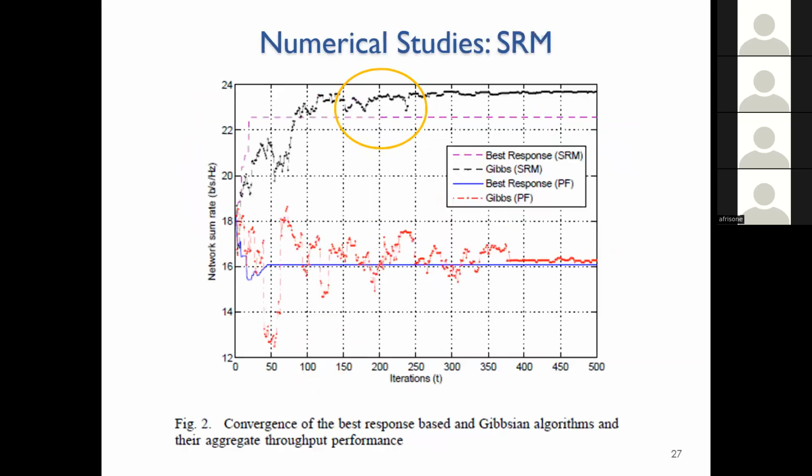I'm going to show you just two figures, and then I think I will stop. Sorry for the time. The first group, the one on the top, is the result if I'm maximizing the sum rate of the system. The second result, by another simulation setting, is that I would like to maximize the proportional fairness.